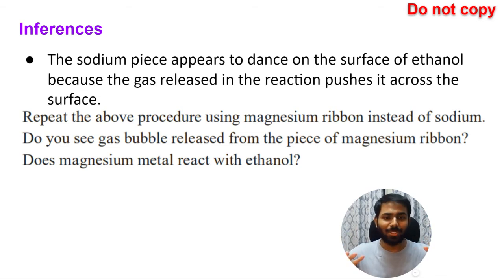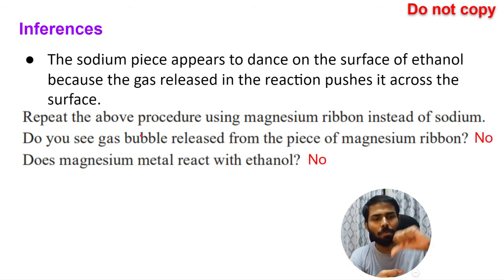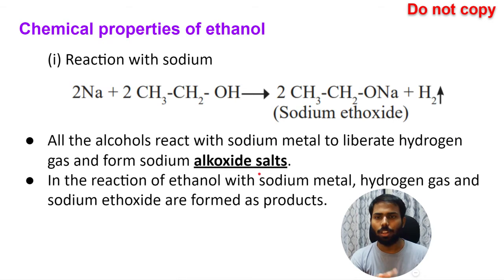So I'm going to directly tell you the answer. The answer to both questions is no. कोई गैस रिलीज नहीं होने वाला अगर तुम इथेनॉल में मैग्नीशियम डालोगे तो, और मैग्नीशियम मेटल इथेनॉल के साथ रिएक्ट नहीं होता.